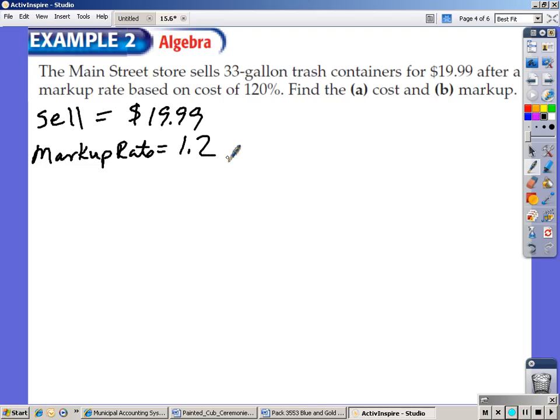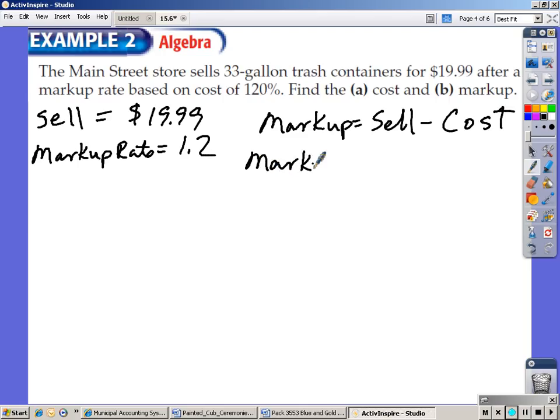All right? Now, let's think about the formulas we know. The first formula for markup that we learned several days ago is simply markup equals selling price minus cost. And the formula that we learned today is markup rate equals markup divided by cost.